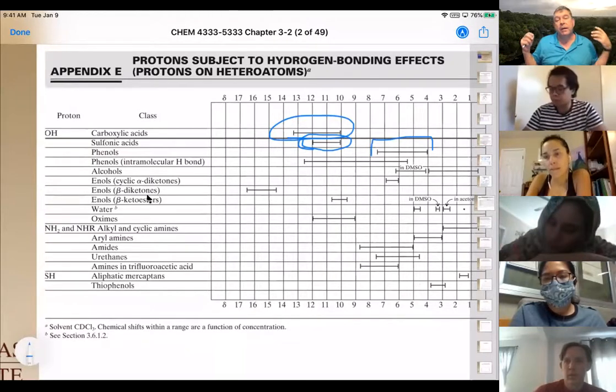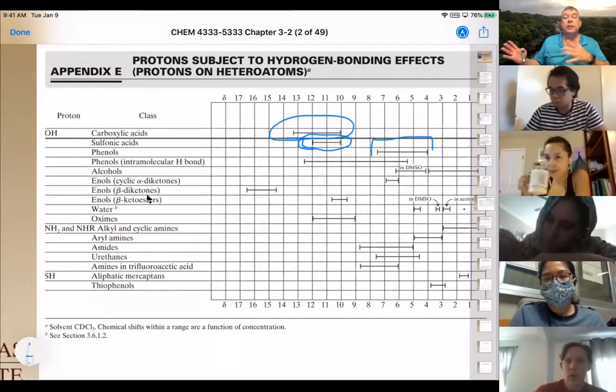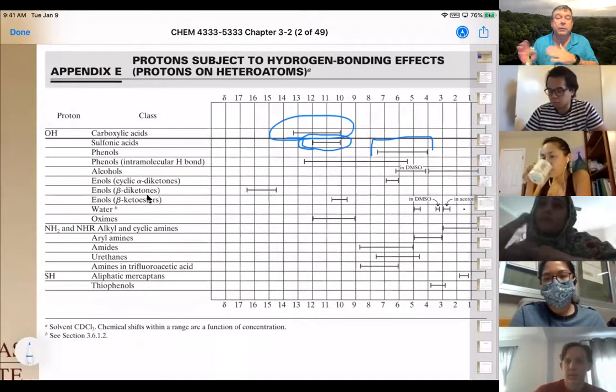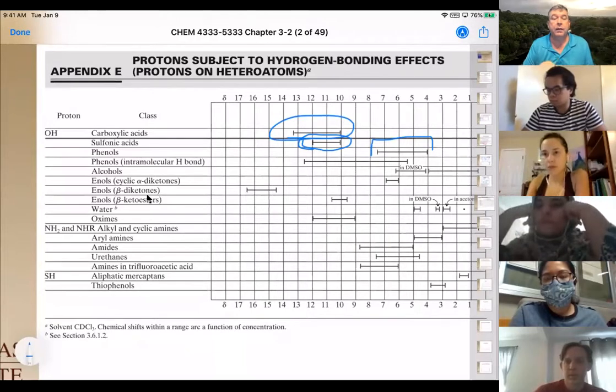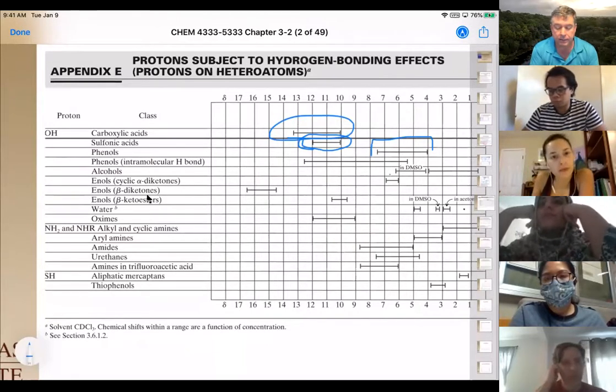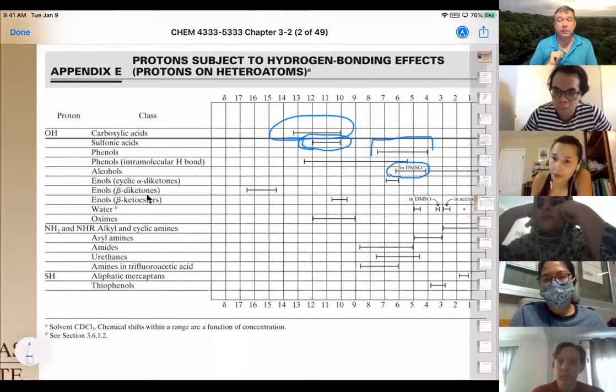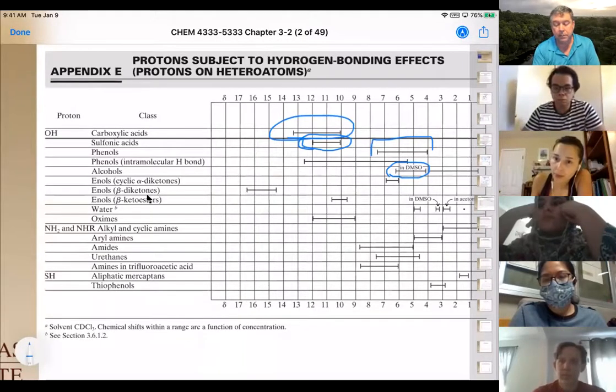So the effect of hydrogen bonding means your deshielding is going to be very iffy and will move back and forth. Okay. Our alcohols, again, in DMSO, are shifted higher and they tend to split their adjacent materials. In most of the other solvents, you tend to get that exchange and they are less than 4, okay?